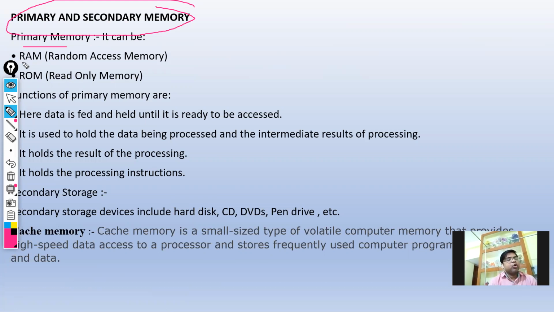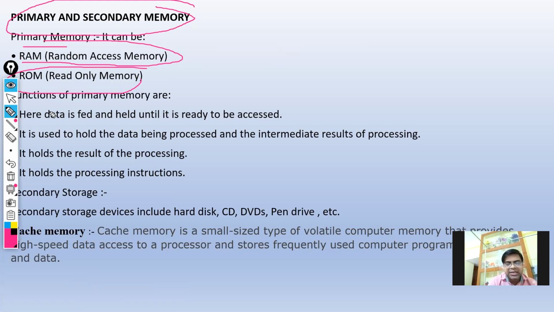Now, your primary memory is divided into two parts. One is RAM and the other one is ROM. So what is RAM? RAM is random access memory. It is used to hold active information of data and instructions.